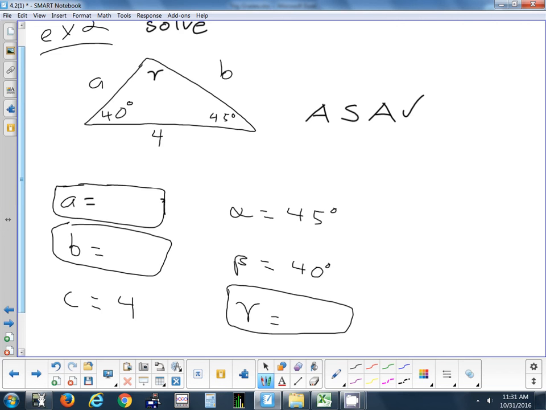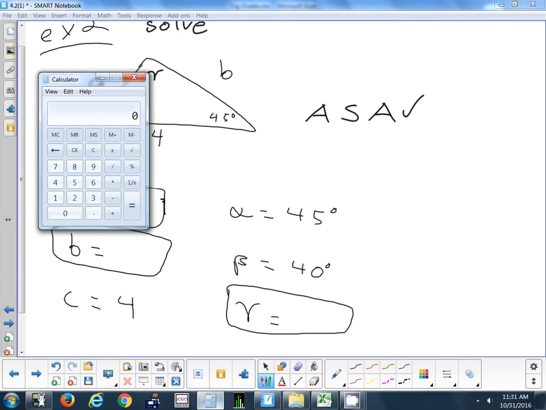I'm thinking more along the lines of looking at a row. Yep, there's a complete row. Now, technically I don't have a complete row, but could I get a complete row pretty easily? Yes. I have two angles, I can find the third one, and then I would have a complete row. So this is going to be law of sines.